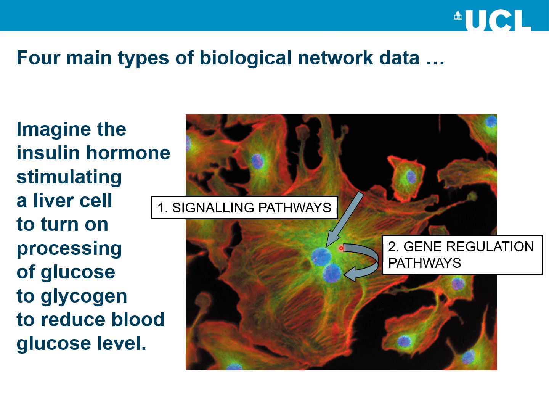Then we have a different type of pathway, gene regulation pathways. This is where one gene might be activated and expressed, so its activity goes up, and it might produce a transcription factor protein, which then turns on another 10 genes, and then one of them might turn off 4 or 5 genes. What we have is a cascade of genes all being turned on and off due to the binding of the insulin.